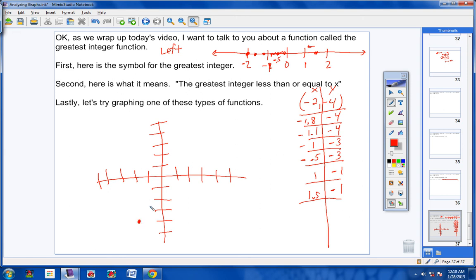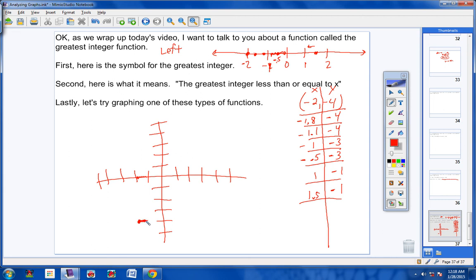Now, negative 1.8 is also negative 4. Negative 1.1 is also negative 4. Any value that you put in for x from negative 2 to negative 1 is going to give you out negative 4. So really the graph goes from here to here, just a straight line going across.